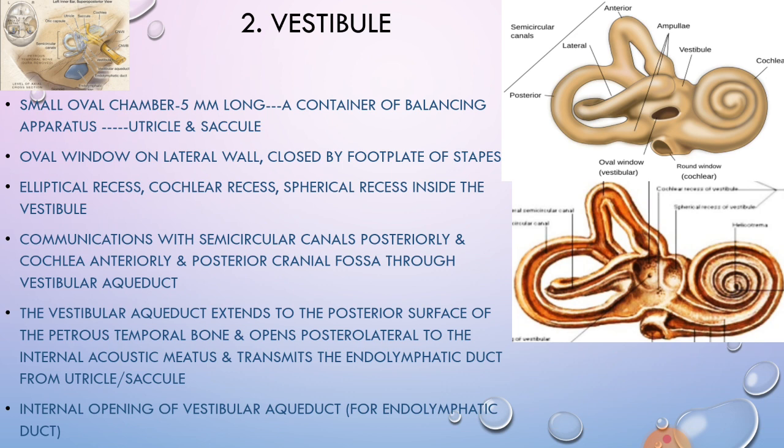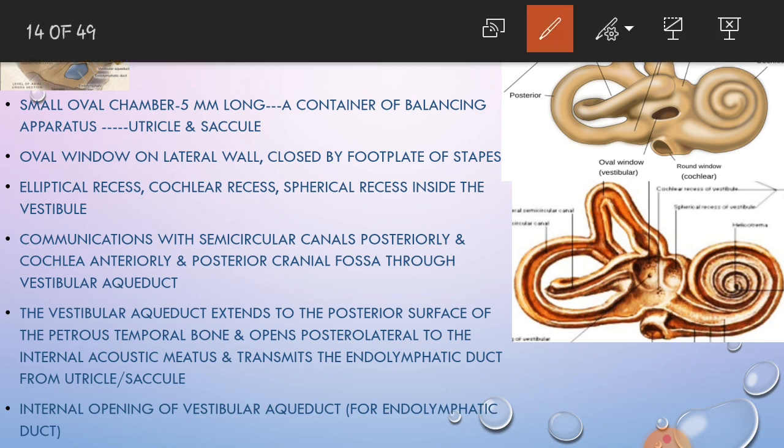Now, first of all, we're going to discuss the vestibule. The vestibule is a small oval chamber. It is about 5 millimeters long and contains the balancing apparatus, utricle and saccule. As you can see in the diagram below, in which we have made a section of the bony labyrinth, we can see that the vestibule is a small oval chamber.